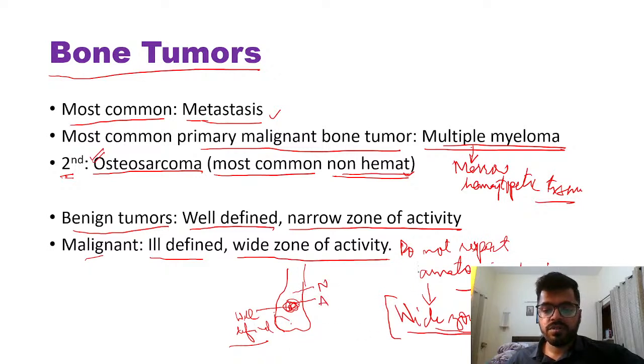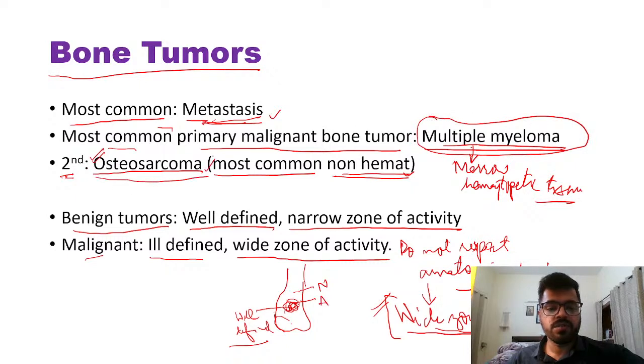But in case of a malignant tumor, that differentiation is not easy, it is hazy. We're not able to tell where the tumor ends and where the normal bone starts. So that is wide zone of transition seen in malignant tumors. So bone tumors, most common is metastasis. Most common primary malignant bone tumor is multiple myeloma. And second most common primary malignant bone tumor is osteosarcoma.